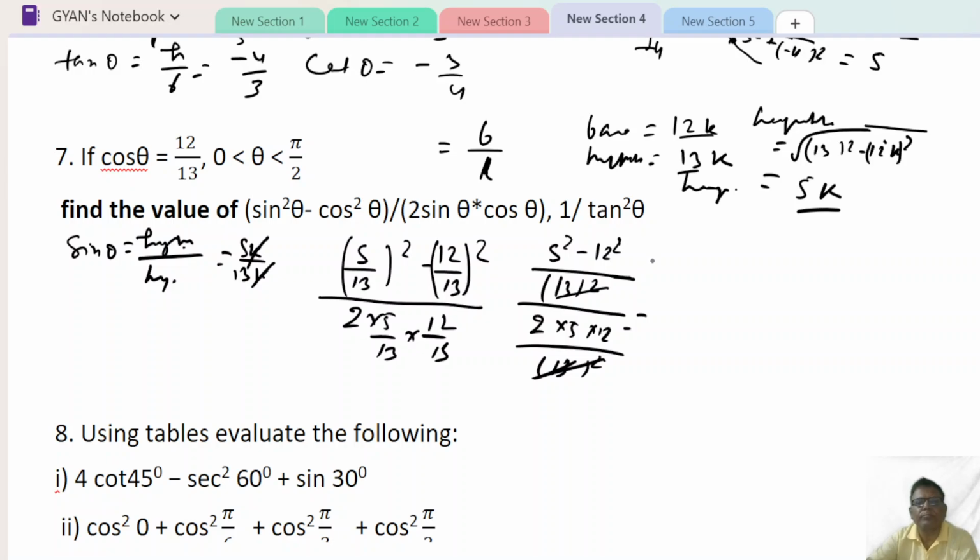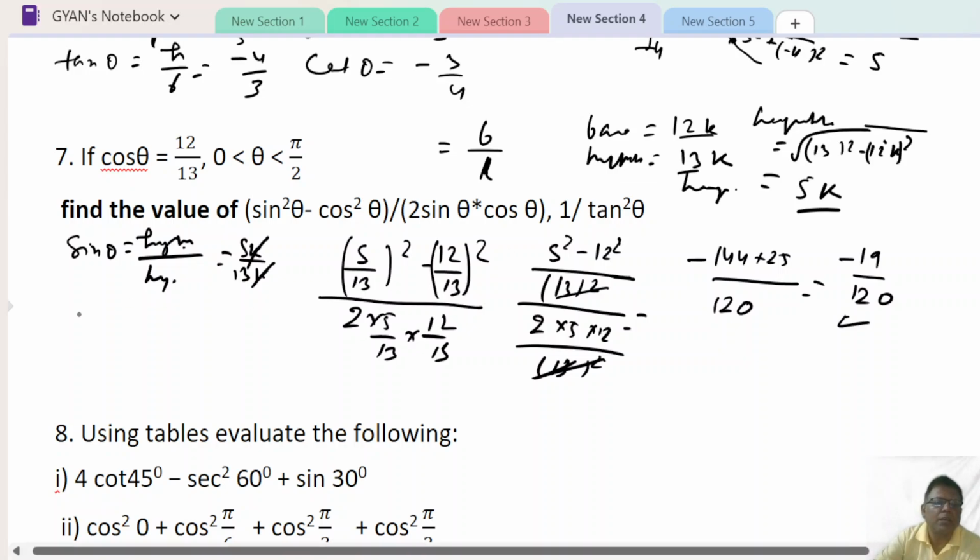This one: 25 minus 144 divided by 120. So this will be how much? Minus 119 divided by 120. So this is the answer.